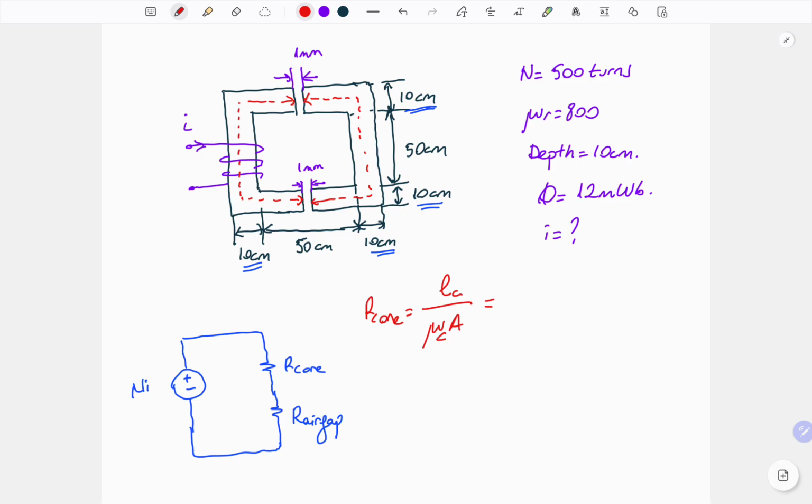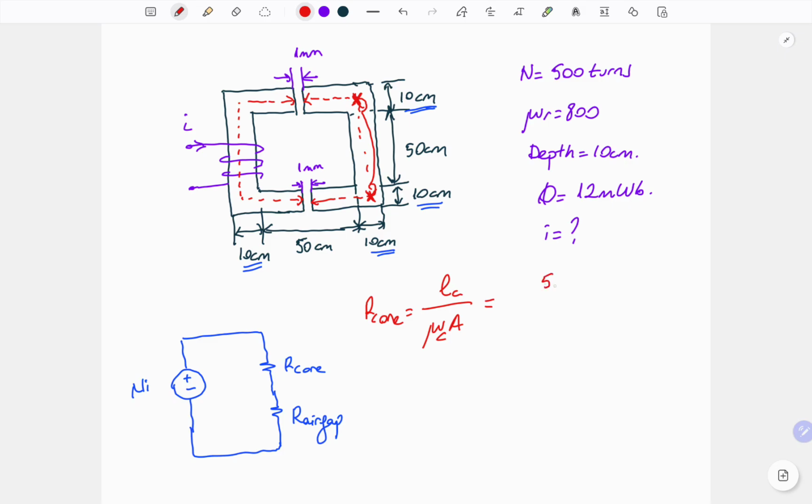For LC, what do we have? We have a square magnetic core. To simplify, let's take only one leg, then multiply by 4. For the right leg, for example, we have 10, 50, and one more 10 at the corner. For the corners, we will take half of the dimensions.